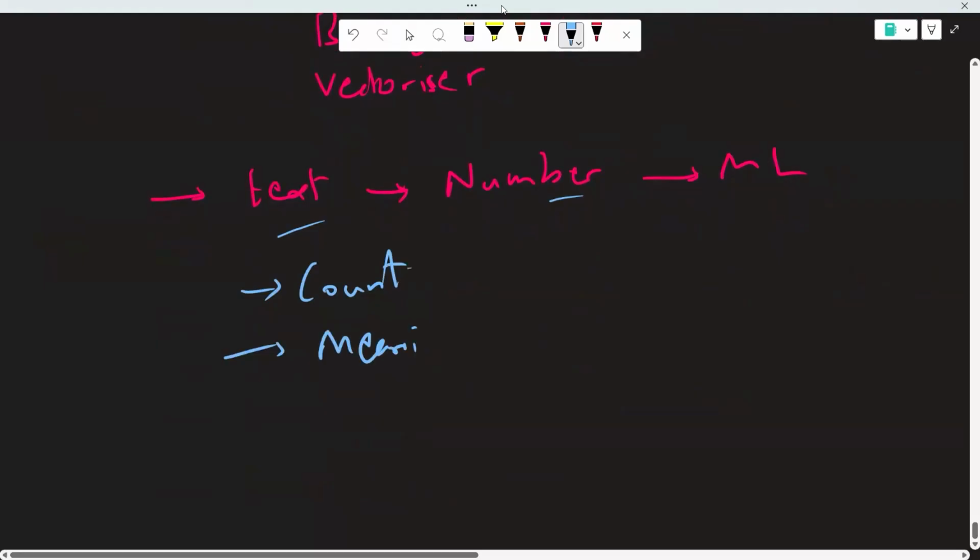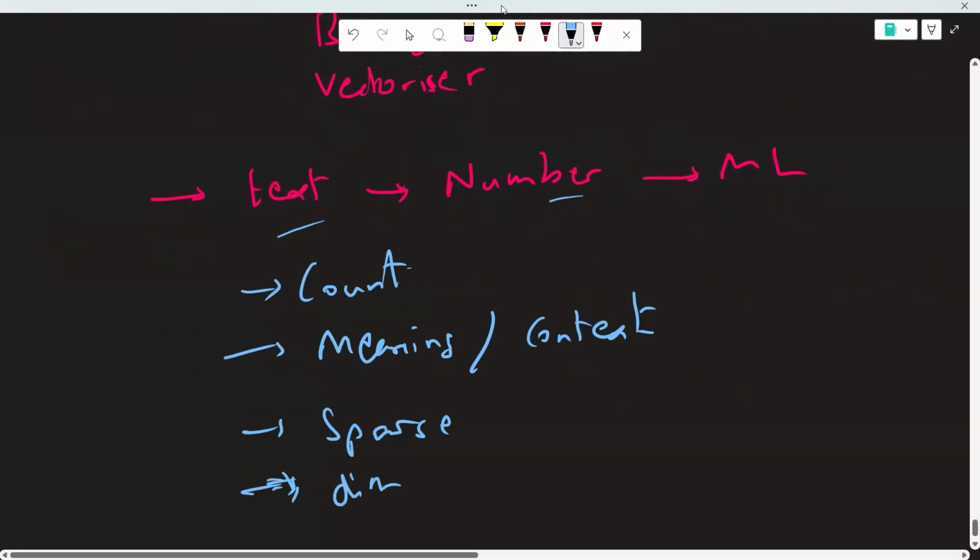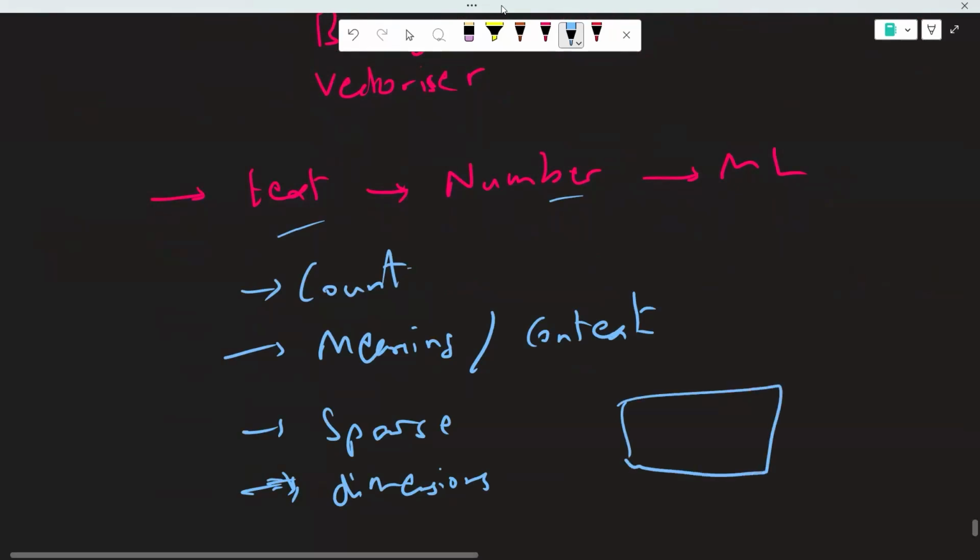We don't take into the logic of context, right? And that is the main issue. Apart from that, we had discussed that there is sparsity present, and there are a lot of dimensions, like a lot of columns, whenever we try to create that document term matrix, because you will have a lot of words.